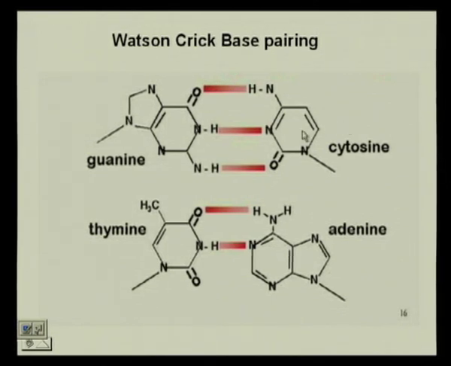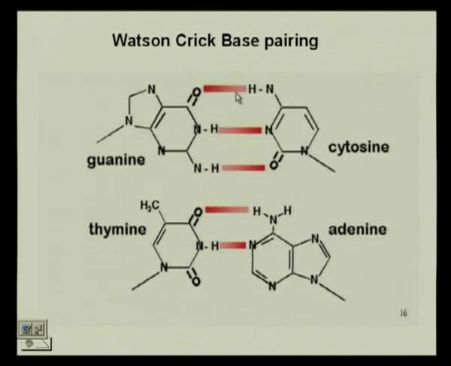Now, in the pairing you will notice, which is extremely important for the structure of DNA, we have hydrogen bond formation. These thick red lines are actually representations of hydrogen bonds. Now, what are we talking about here? We are talking about oxygen, hydrogen, nitrogen.